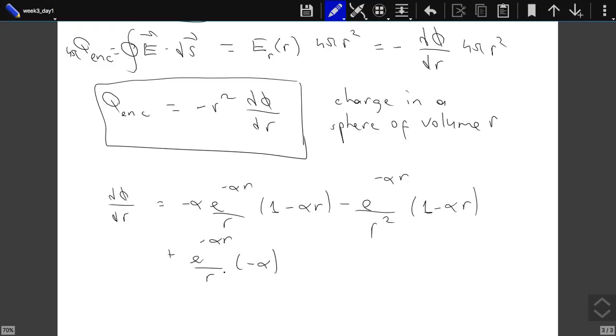When I look at the last term, this is just proportional to R. When I multiply it with R squared, again, it goes to 0. And the only term that survives is this term over here. When I multiply with R squared, it cancels this 1 over R squared over here. Well, this alpha R term goes to 0, exponent becomes just 1, so I have minus 1.